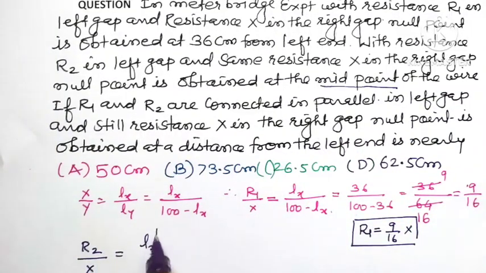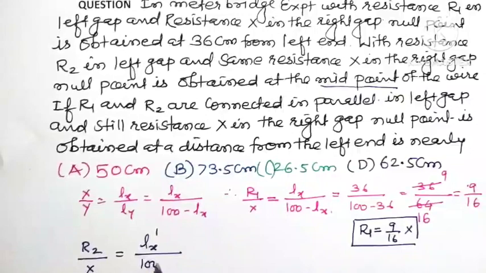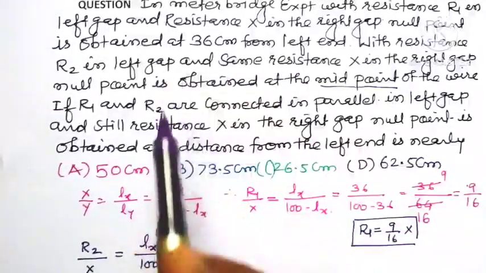So in the left gap we have resistance R2, and in the right gap the same resistance X. If the new balancing length is Lx dash, then R2 upon X is equal to Lx dash upon 100 minus Lx dash.